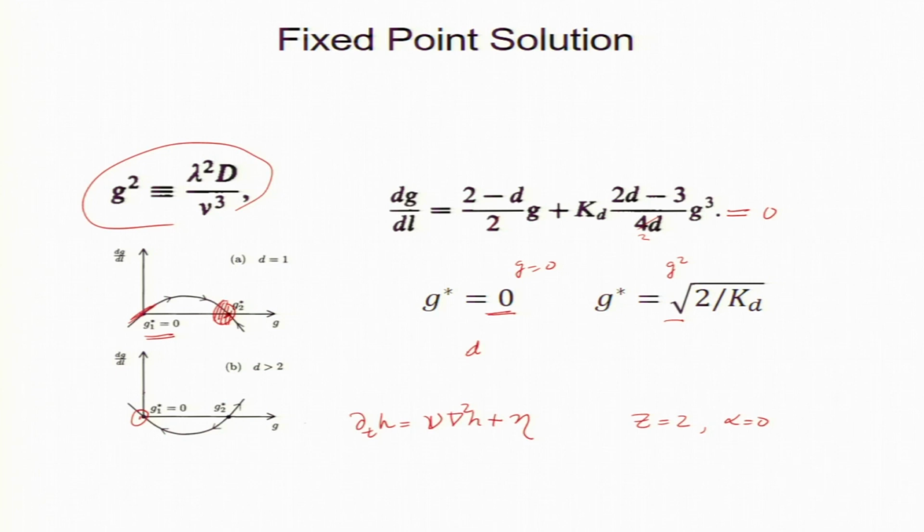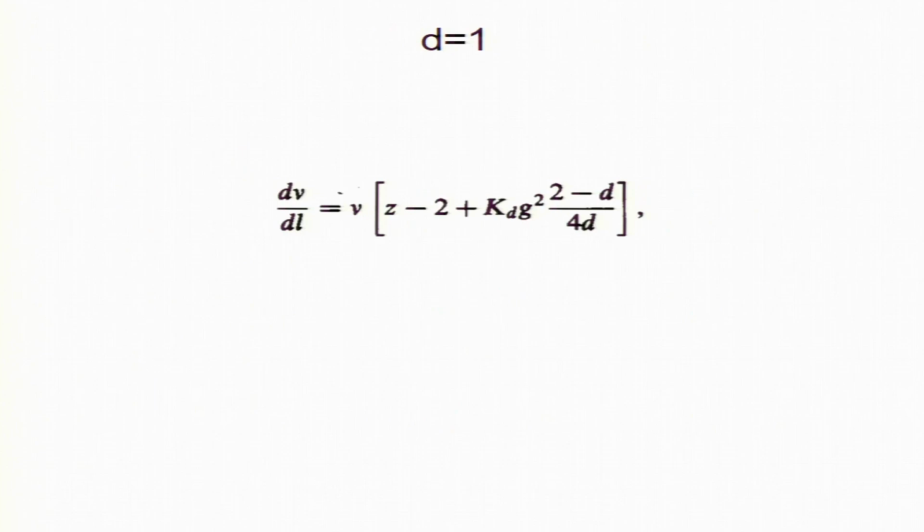Now, for d equal to 1, we know that G star is square root 2 by k d. So, let us substitute it here. Fixed point means d nu by dl must be 0.